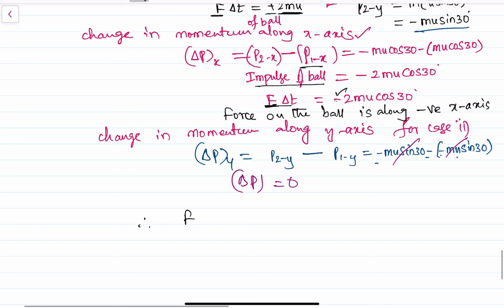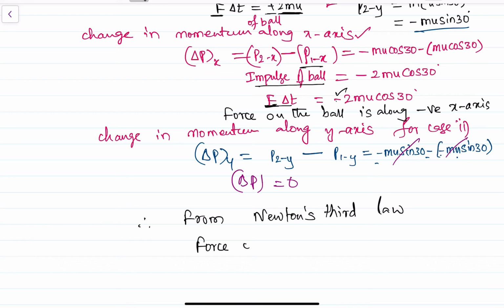Therefore, from Newton's third law of motion, the force on the wall is equal to the negative of the force on the ball.